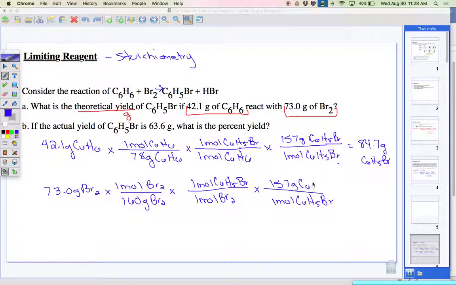All right, somebody's got to do the next math. Wait, is it Br? It is Br2. All right, anybody punch in the numbers on the calculator?